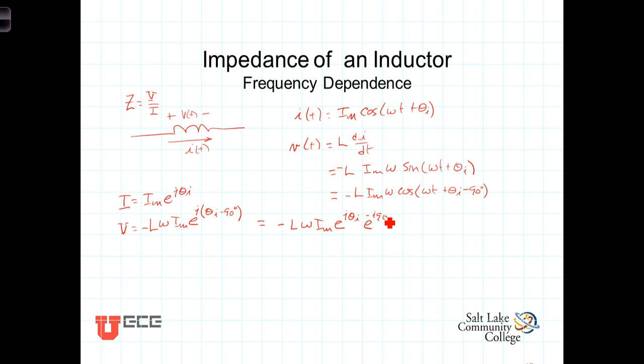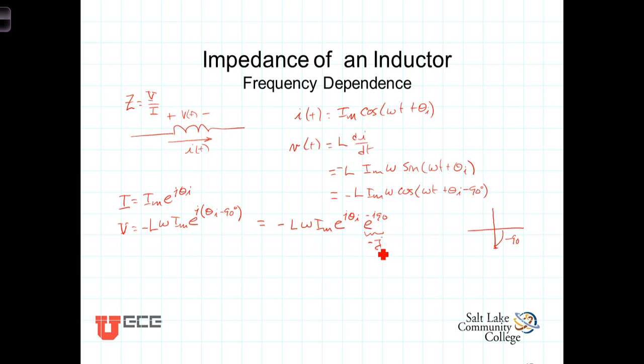Now, let's look at this term e^(minus j 90). Just drawing a little phasor diagram over here. e^(minus j 90) has a magnitude of 1, and it has an angle of minus 90. That is in the negative j direction with a length of 1, so we can rewrite this term as minus j.